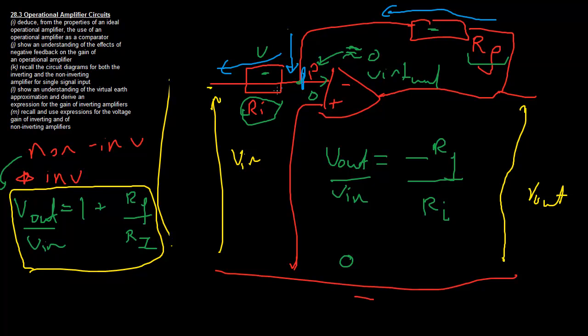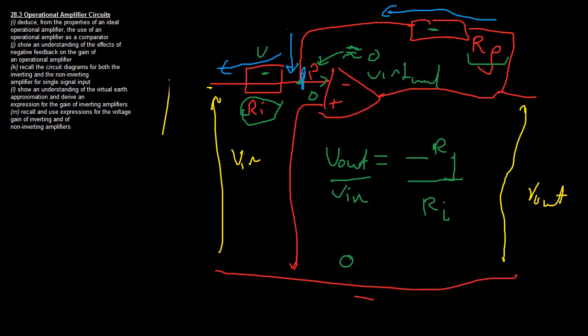All the current that went through RF would also go through RI, though it's not exactly. A few electrons will escape there, and this is why we call it approximately zero. But for the purpose of the argument, let's assume it's perfect, and all of them go across. So I'm going to need to make more space here. In that case, as V equals IR, R is directly proportional to the voltage expended across that resistor.